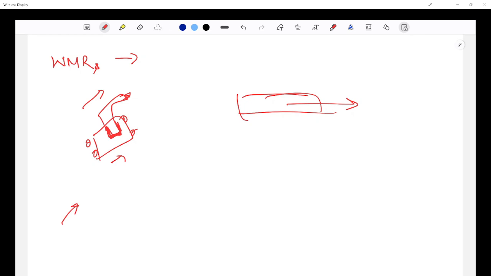Then if you look at the factories or the warehouses, there also you have robots which do the same repetitive task, so it basically avoids all the obstacles. Or if you have seen a forklift, it just goes there, attaches, takes all the things that are to be transported on it, and once that is loaded, it moves to the other place and delivers it there, right? So all of these are examples of AMRs, autonomous mobile robots.